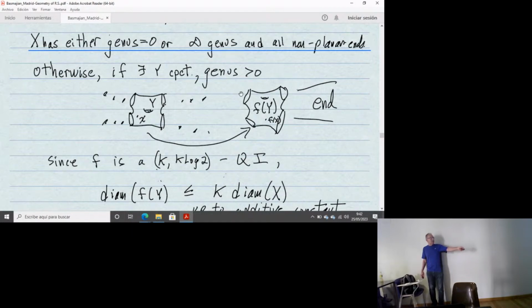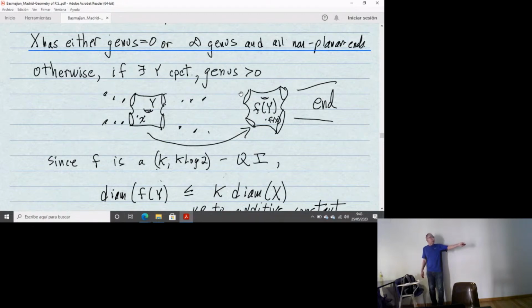So what this says is that since the diameter is bounded uniformly, if I map this out here, it can't be coming back into a compact part of the region. In other words, I can keep marching out toward that end, which means that that end had to have genus accumulating on it, which means I have infinite genus.